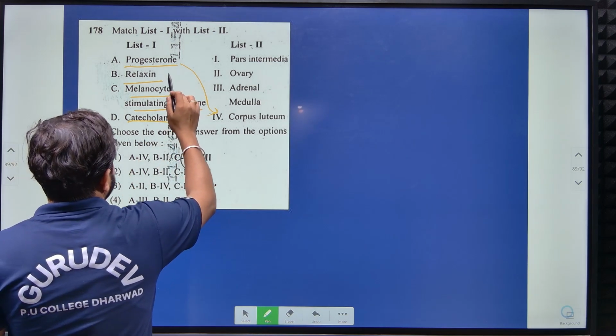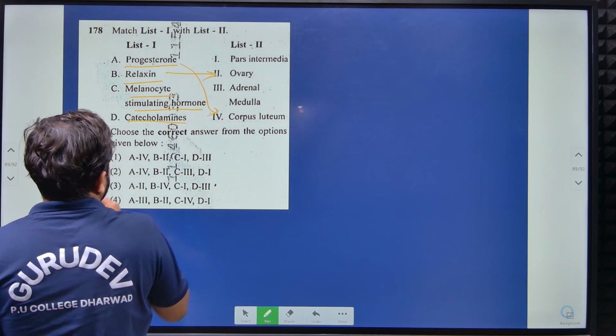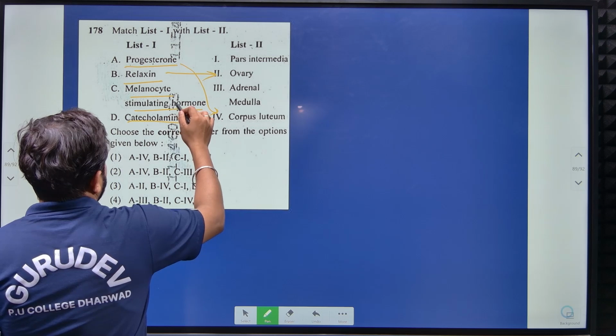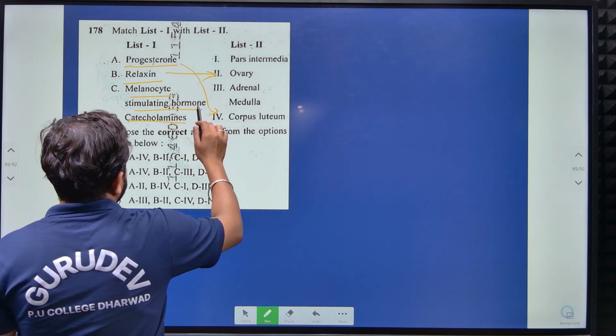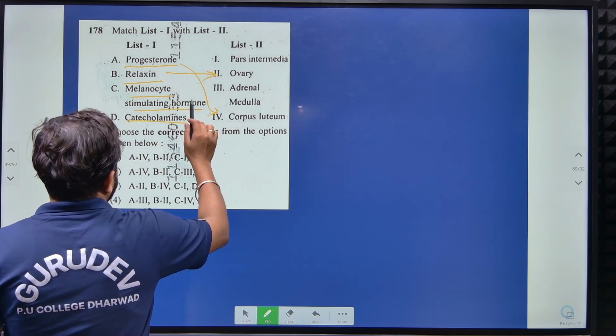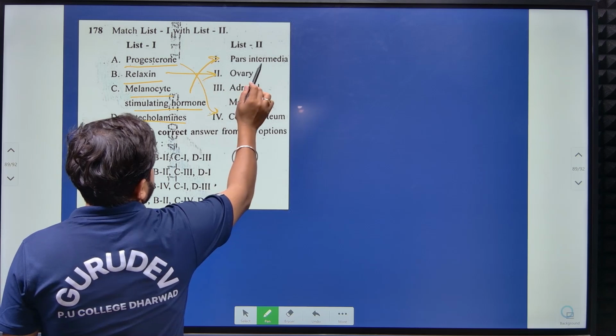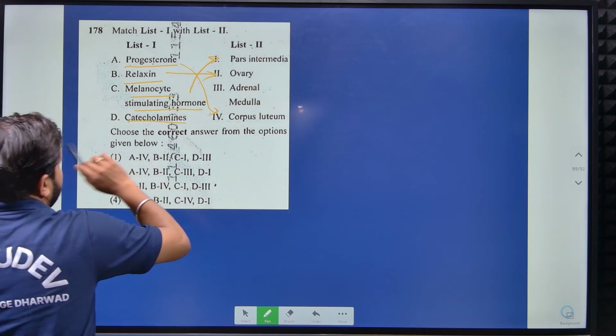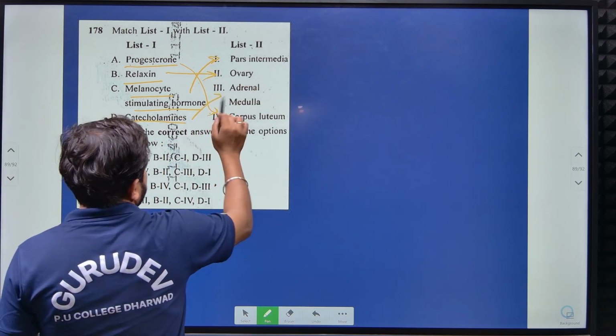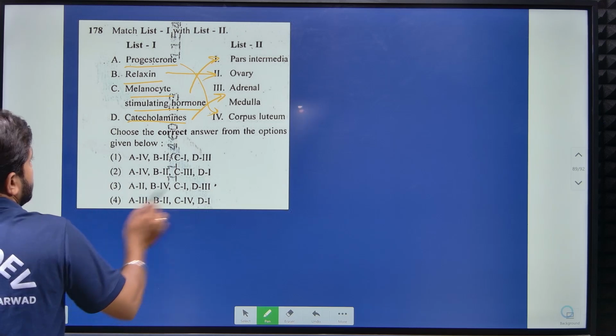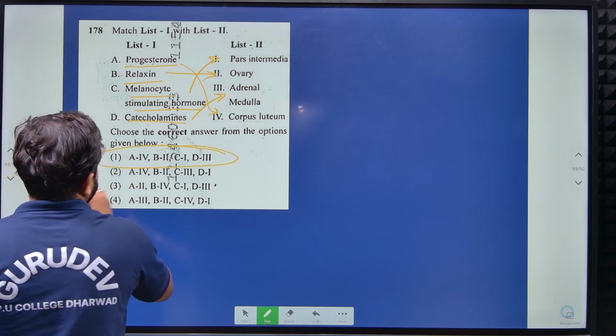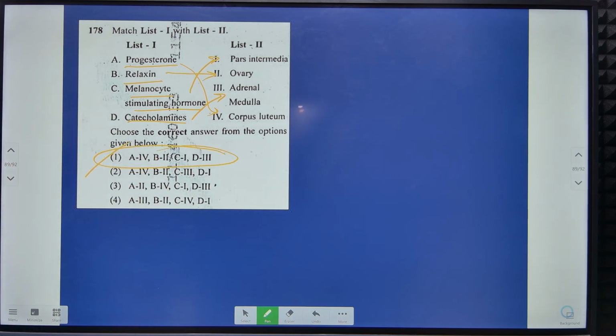Then relaxin is related to the ovary. Melanocyte stimulating hormone is related to the pars intermedia. Then catecholamine is related to the adrenal medulla. So according to this, option 1 is correct here, right?